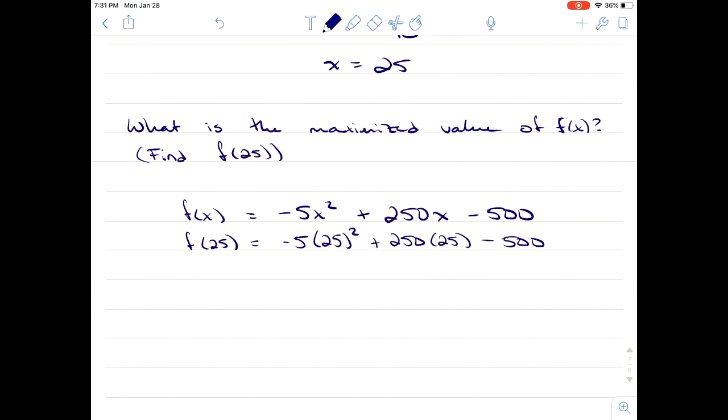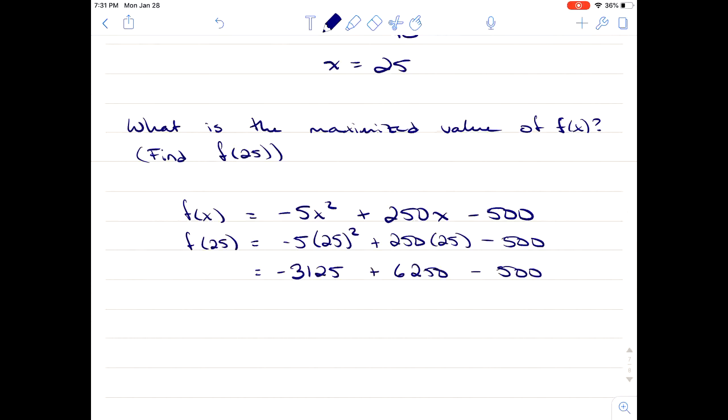So we've got 25 squared times 5, negative 3,125, plus 250 times 25, 6,250, minus 500.